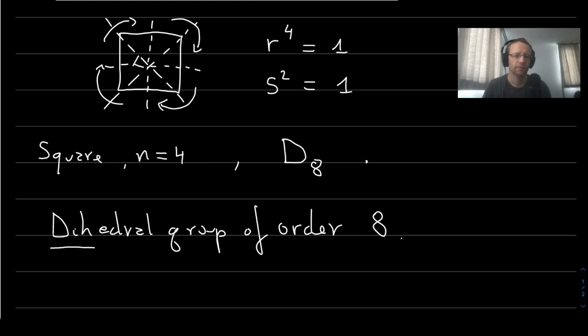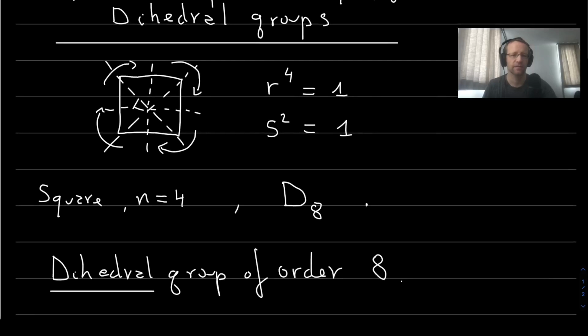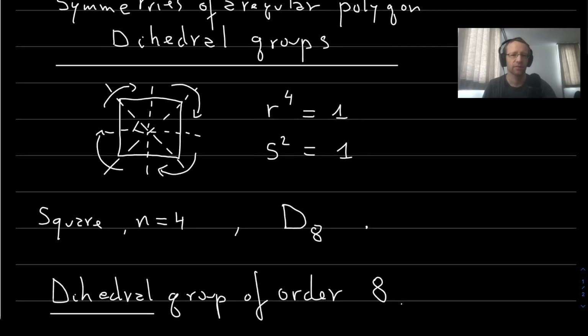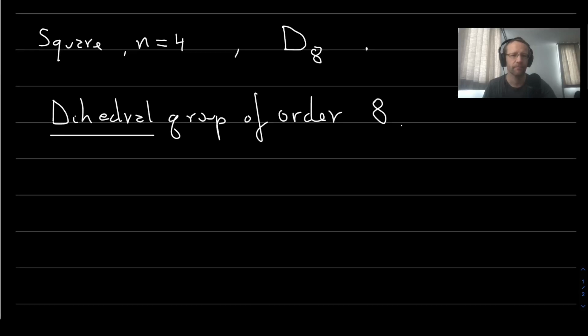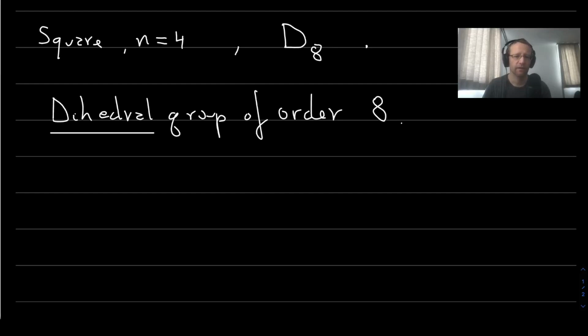Dihedral refers to the angle between two faces of a solid. Here, this is not really relevant because we're studying regular polygons in the plane, but that's the etymology. So now what happens for a regular n polygon?